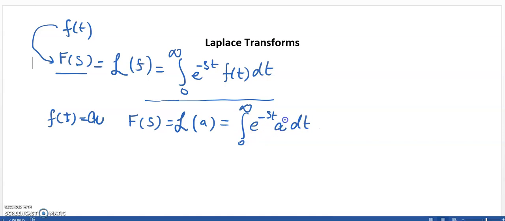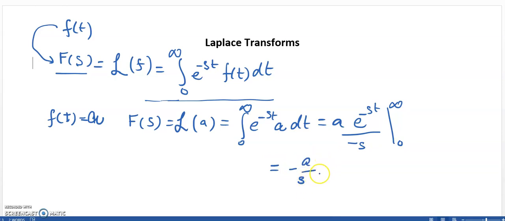In this case the function is very simple, a. If we integrate e power minus st, it will be e power minus st divided by minus s, with integration limits infinity to 0. Now if we apply these limits, it will be minus a over s.